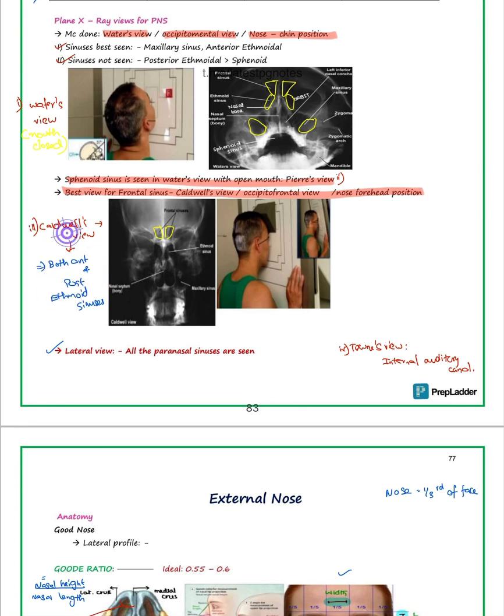Here in Caldwell's view, you can see both the anterior and posterior ethmoidal cells. Then if you want to see the internal acoustic meatus behind the sphenoid bone, you should go for a Towne's view. Then if you want to see all the paranasal sinuses, you can see them in the lateral view. Thanks.